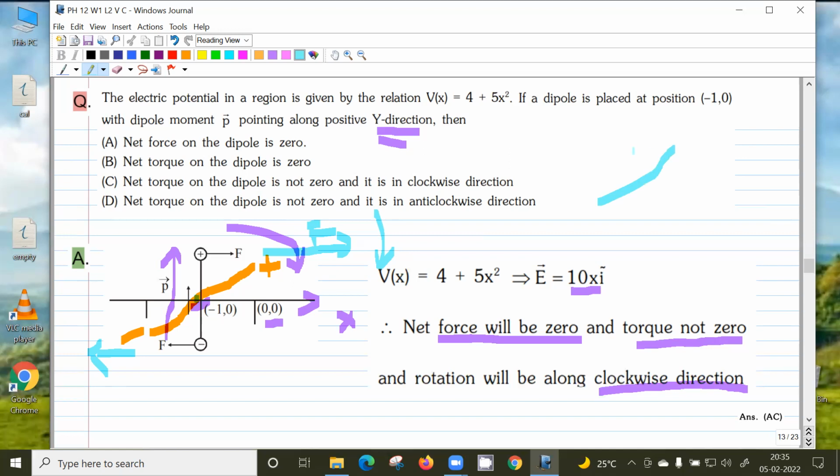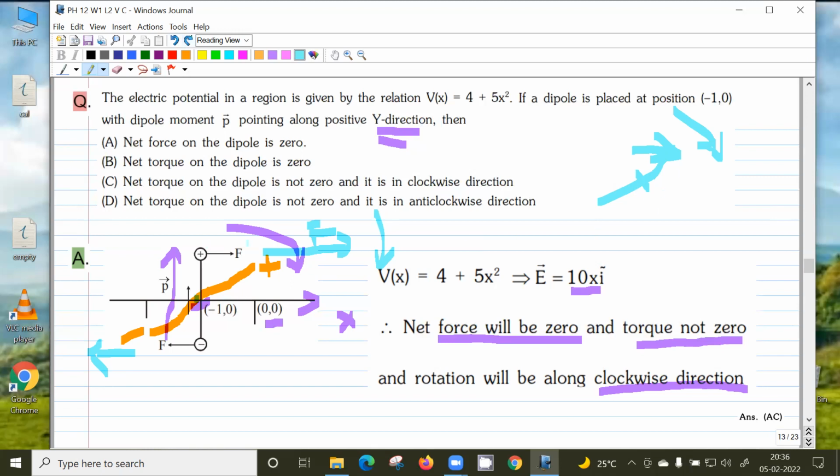If you have a rod like this, and I apply a force here, how will it rotate about this point? Clockwise, no? But the same force, if I apply it here, it will rotate anti-clockwise. It depends on the pivot also.